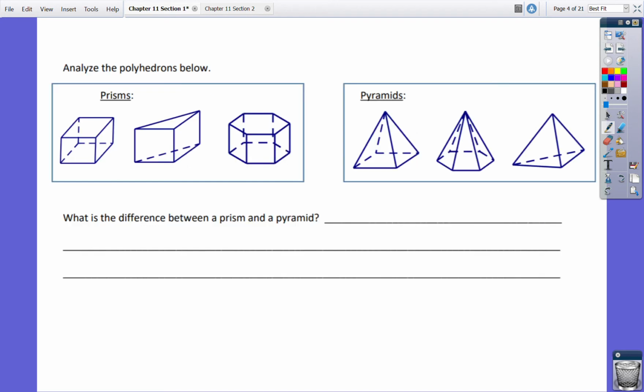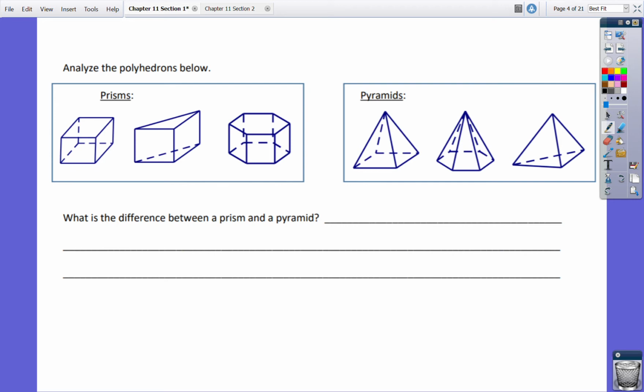So this next slide is talking about prisms and pyramids. These are the two types of polyhedrons we will be basically working with. We will also be working with some cylinders and cones, but these are going to be the main polyhedrons that we are working with. So prisms are basically, if we're going to talk about how they're different, we're going to be talking about their bases and their lateral faces.